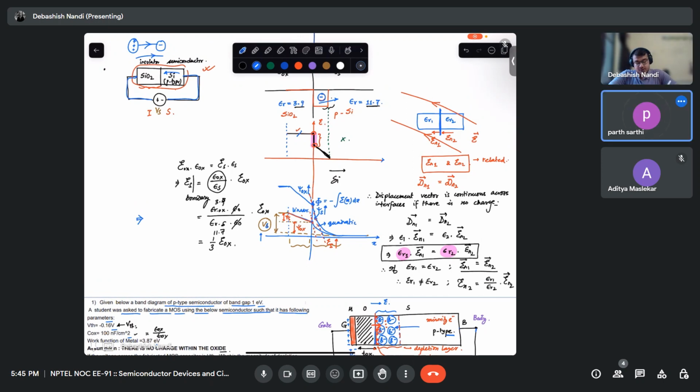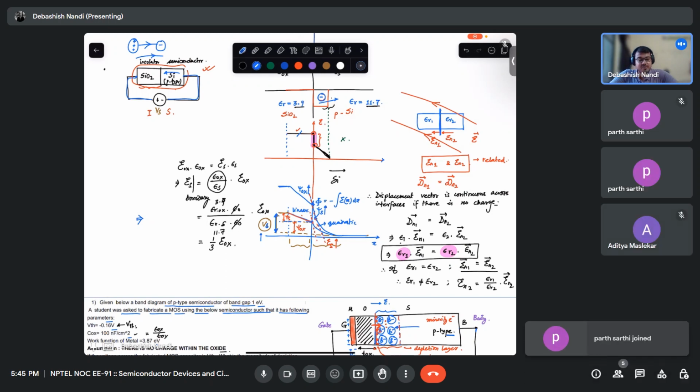You saw that the entire VGB will not be dropped across this oxide only. It will be dropped in the oxide as well as in the semiconductor, right?